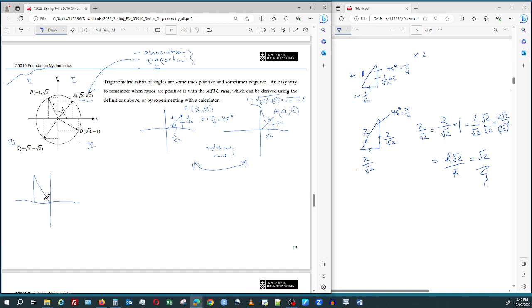We would normally have root 3 on 2 and minus a half with a 1. So what's happened now? Oh, it's been scaled. It's been multiplied by 2. So when we look at it, it's twice as big.